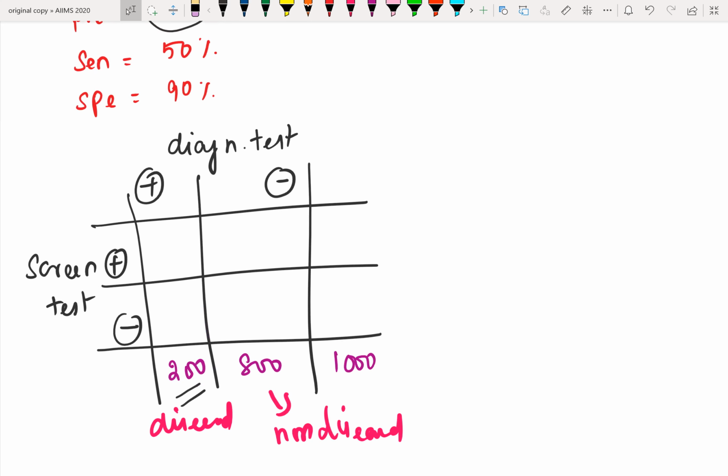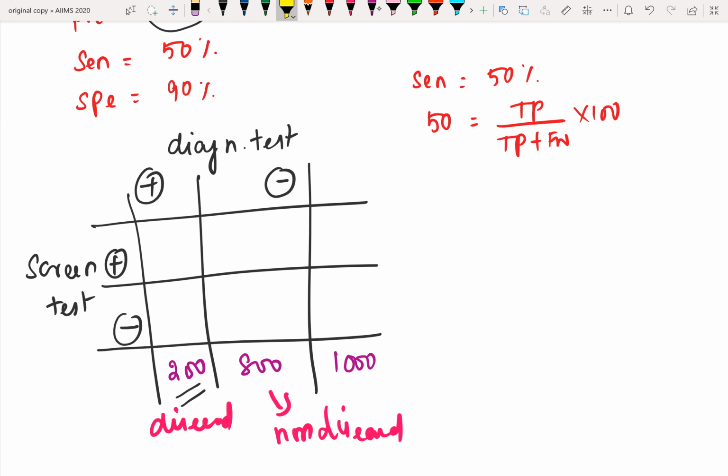Now what we already know is, they have given us the sensitivity as 50%. What is the formula for sensitivity? 50% is equal to true positives by true positives plus false negatives multiplied by 100.